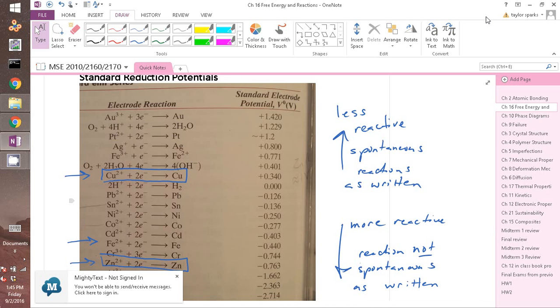So the standard formation equals delta H minus T delta S. Yeah, that's delta G. And these are the naught values, specifically for the standard state. Bingo. Thank you. No problem.